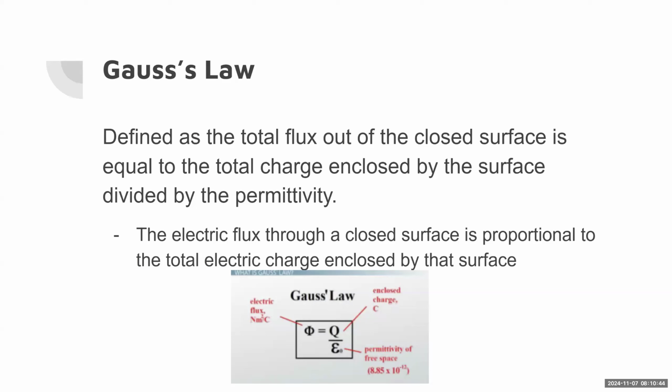Gauss's law is defined as the total flux out of a closed surface is equal to the total charge enclosed by the surface divided by the permittivity. And the electric flux through a surface is proportional to the total electric charge enclosed by that surface. This is how it is defined in an equation.